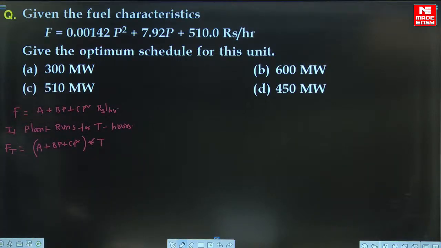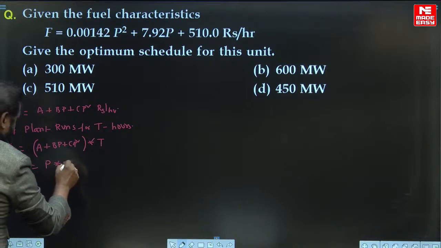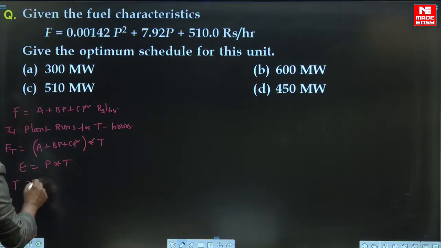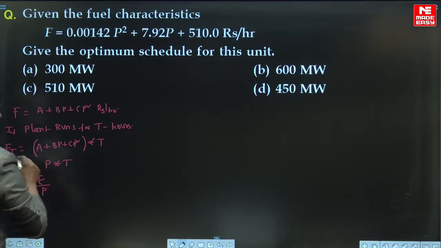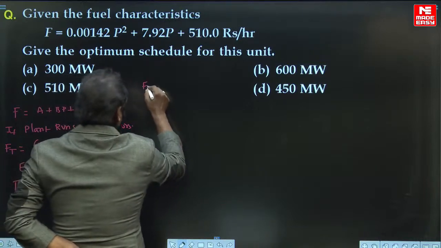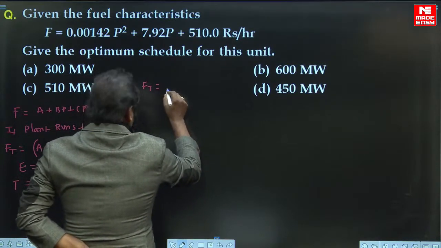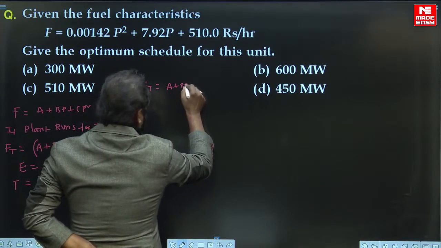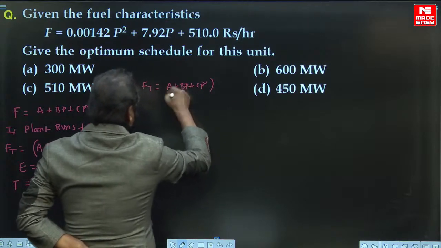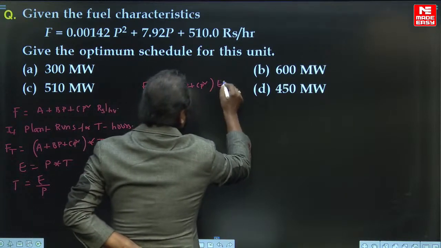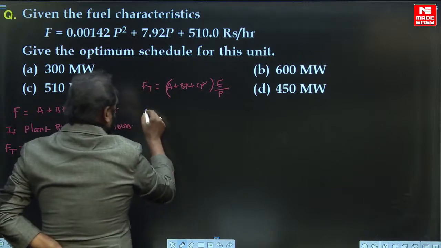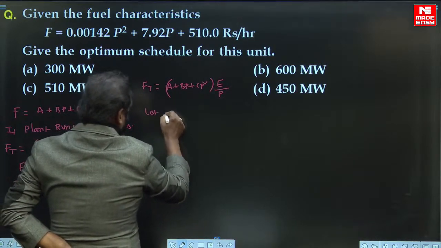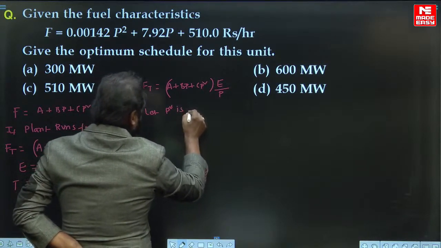Okay? Now you can see this is clear. We know that energy equals power into time. Therefore, time T equals E by P. Then FT equals A plus BP plus CP square, into E by P. Okay, let P star be the optimum.